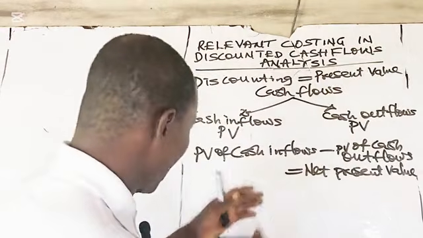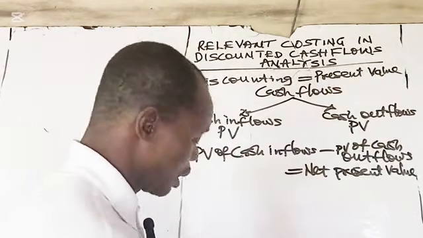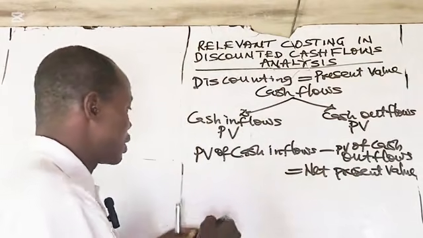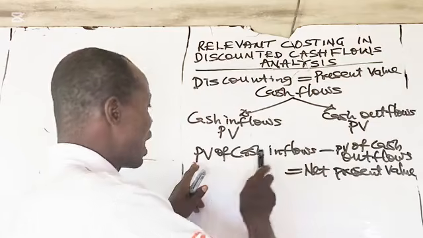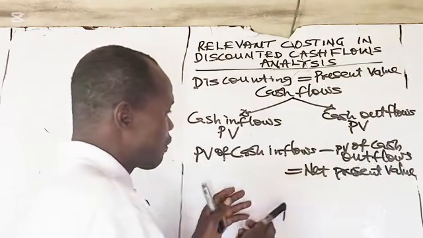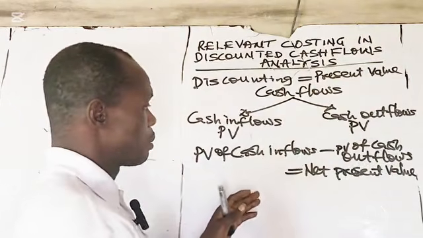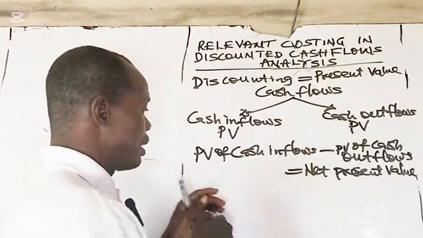On the other hand, we have the internal rate of return. PV of cash inflows minus PV of cash outflows, if it is equal to 0, gives you the internal rate of return.